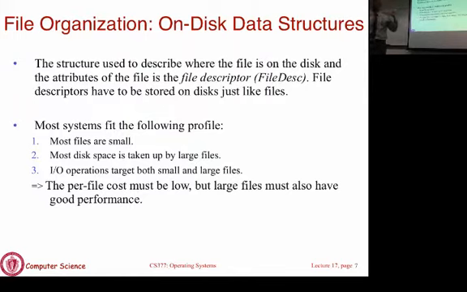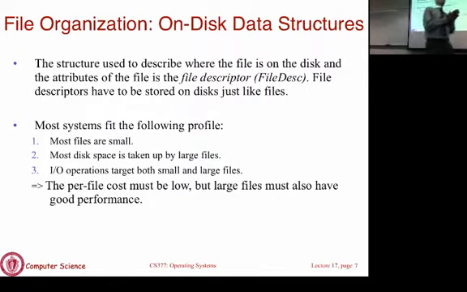If you list all the files and look at their sizes, you'll see most of them are small. There are a small number of gigantic files and they take up most of the space on the disk. And then I/O operations typically target either small or large files. So you want access to either large or small files to be efficient. We'll use this observation as we go along.